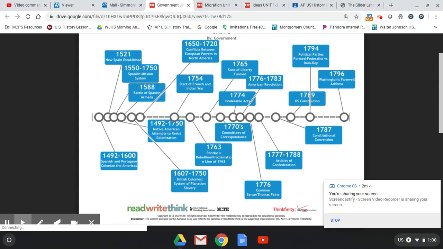One of the things that is true of the British government in the colonial system is that each colony will have its own separate system of government, as well as having to listen to the crown. For instance, you have the House of Burgesses established in 1619 in the Virginia colony.